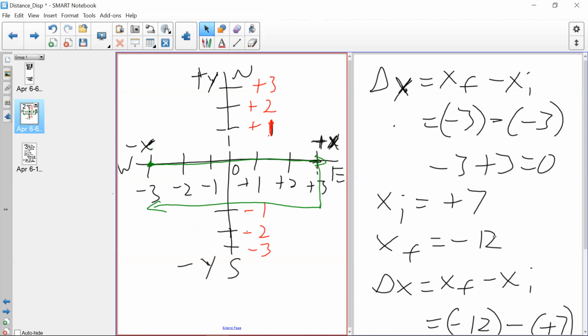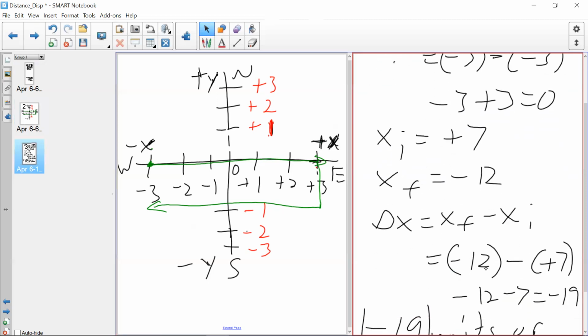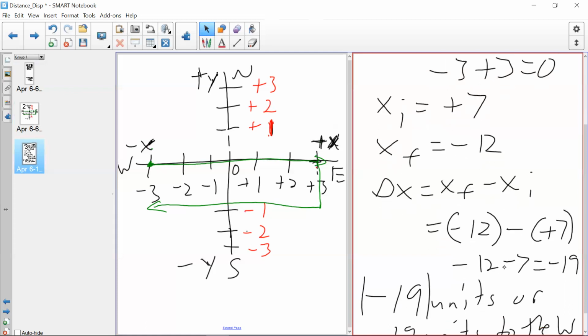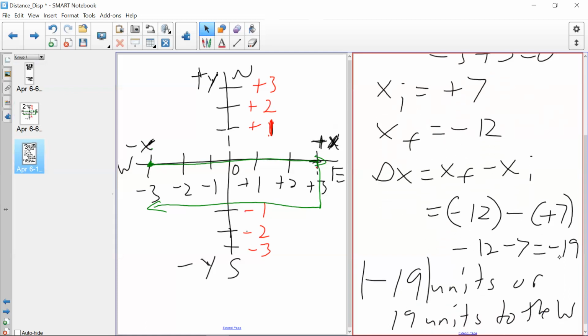You get the idea from algebra. So +7 is my initial position, final position -12. And then my displacement would just be delta x, final position minus initial position. I have negative 12 minus plus 7, it's just a subtraction. Negative 12 minus 7, negative 19. Negative 19 units, or 19 units to the west.